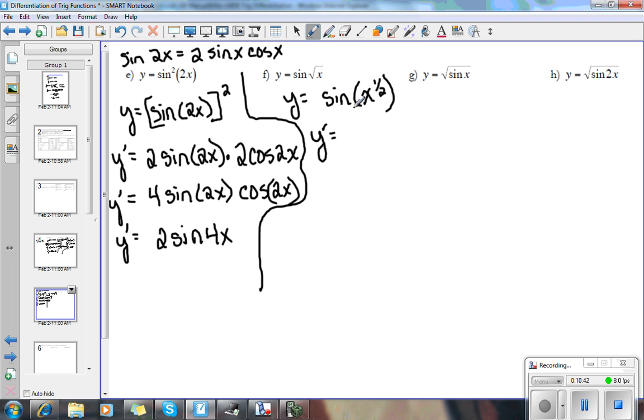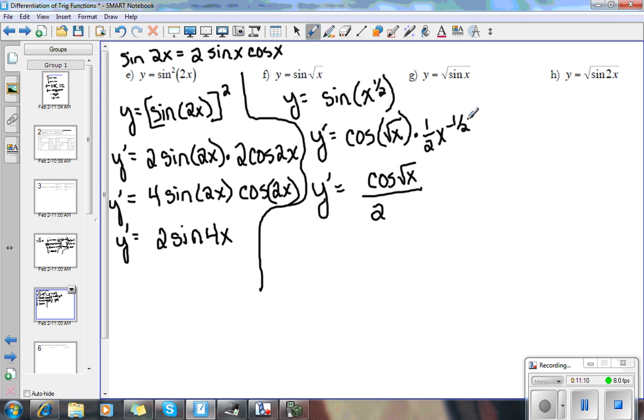So when I do the derivative, the derivative of the outside function is cosine x to the 1/2, or the square root of x, with the inside left unchanged, times the derivative of the inside function, which is 1/2 x to the negative 1/2. So I end up with, let's write it as cosine square root of x. I'm going to put the 2 in the bottom, and since this is a negative exponent, it's going to be the square root of x in the denominator. So that's y prime.